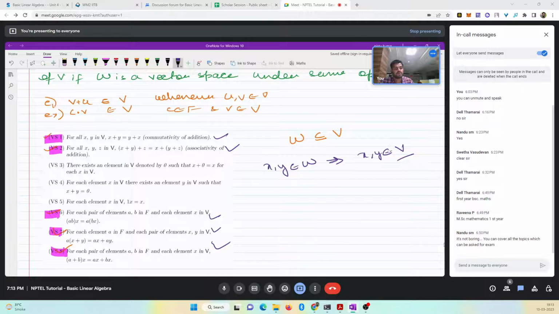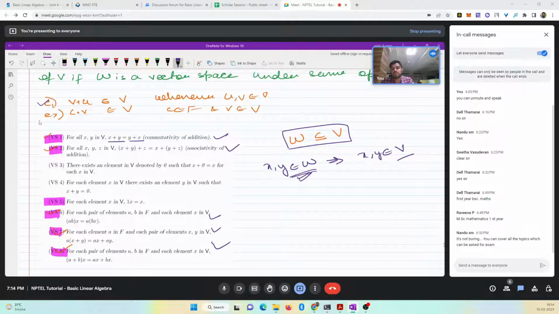So X and Y are satisfying this property, that is X plus Y is equal to Y plus X. So every element in W, because it is also an element of V, and all elements of V are already satisfying this property. So the moment we say that W is a subset of V, these 5 of our properties are already satisfied, including this Vs5 one.